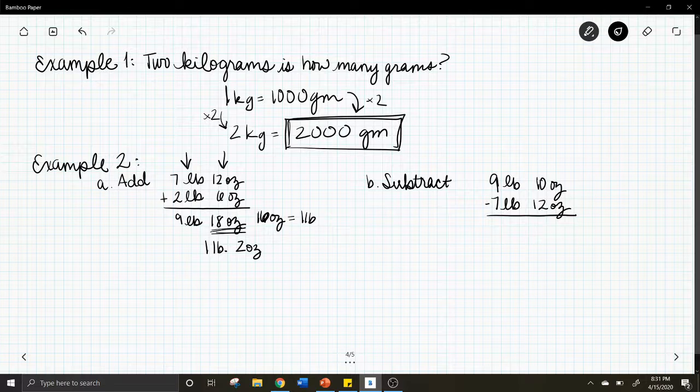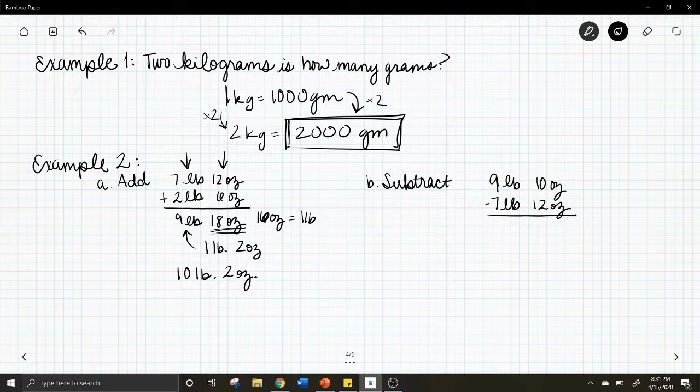And then we'll just add that to our other set of pounds. So it's going to be 10 pounds and 2 ounces. All right, so that's how you can add some pounds and ounces together. You just have to remember that 16 ounces equals 1 pound. And we're going to practice this in our practice set, so don't worry about that.